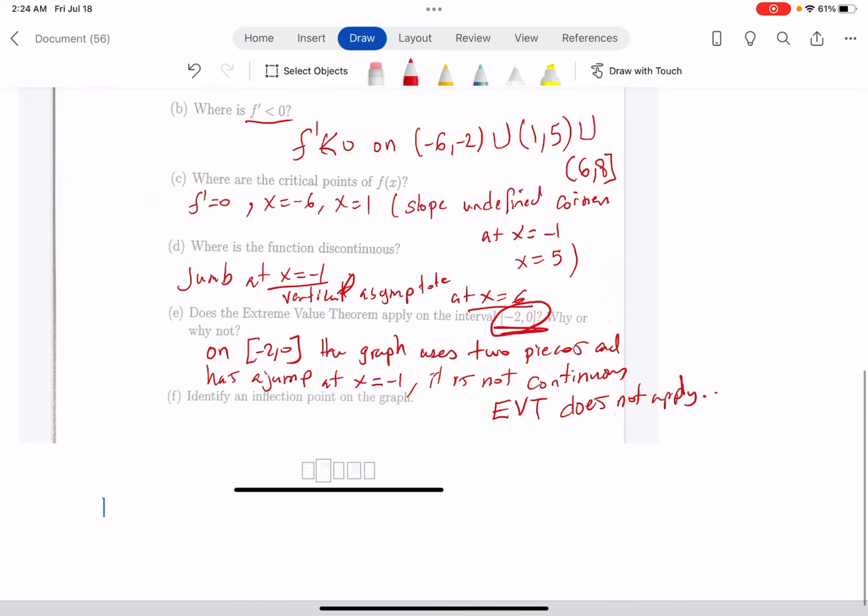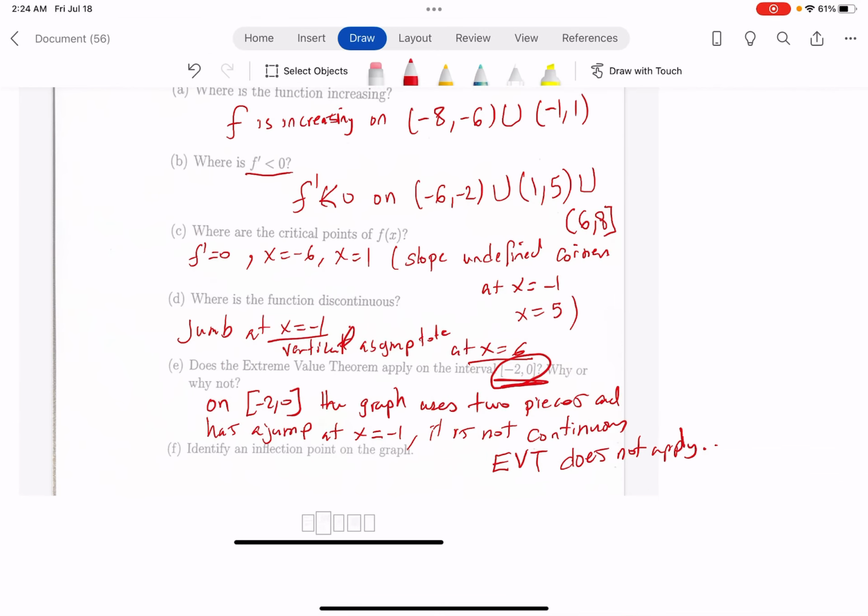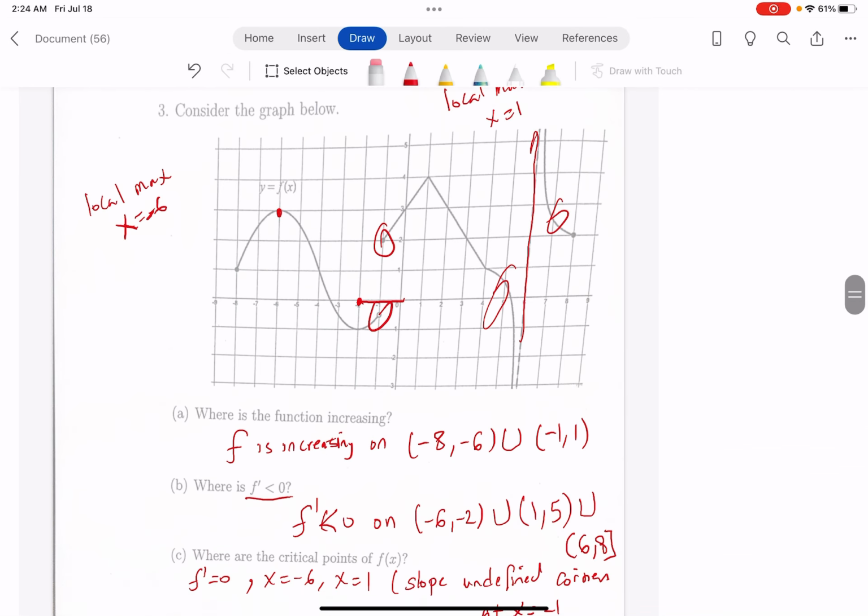Identify an inflection point on the graph. So what are the inflection points on the graph? An inflection point is where concavity changes on the smooth curve. You can see the left piece of the curve switches from concave down to concave up.